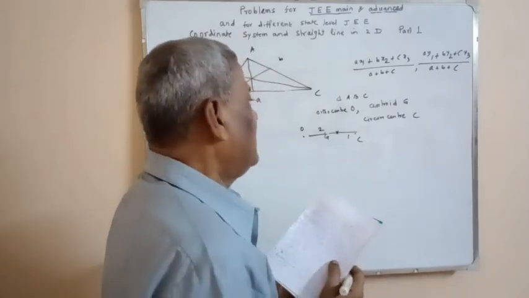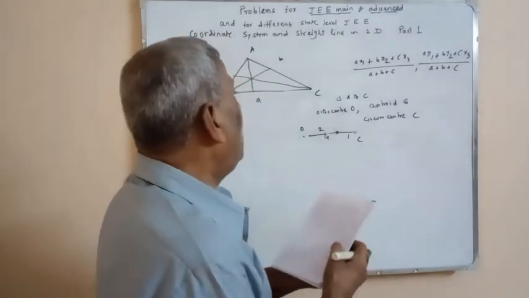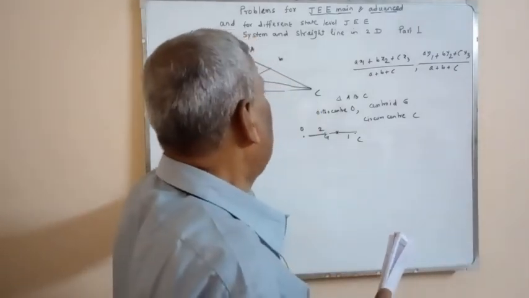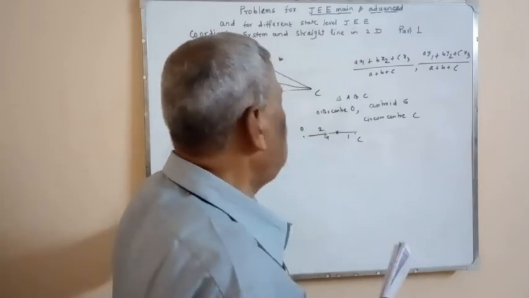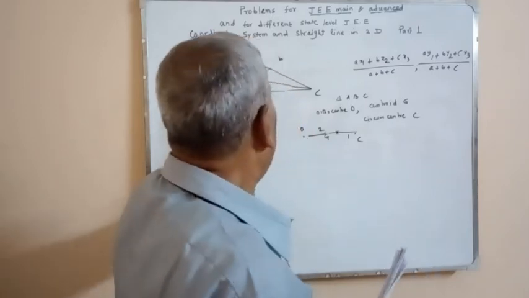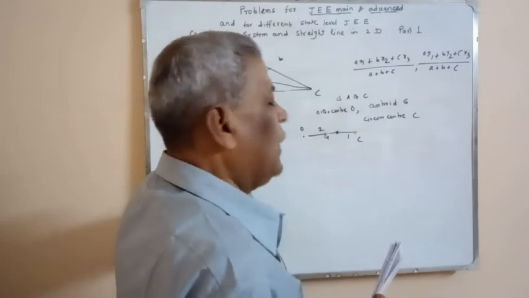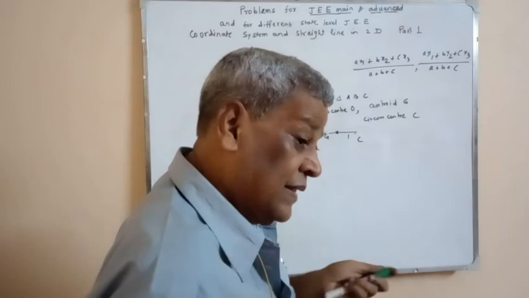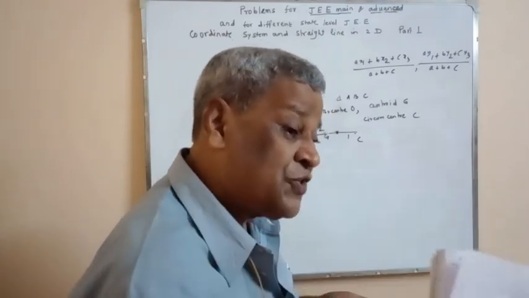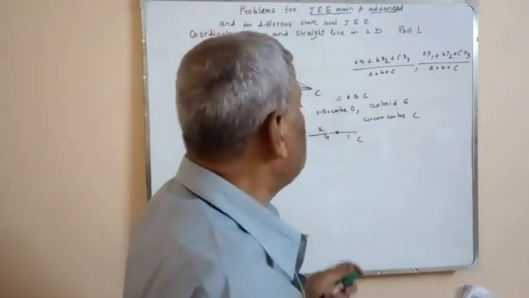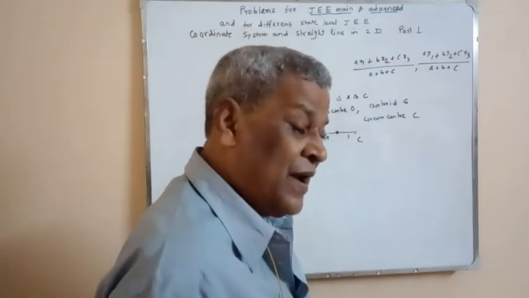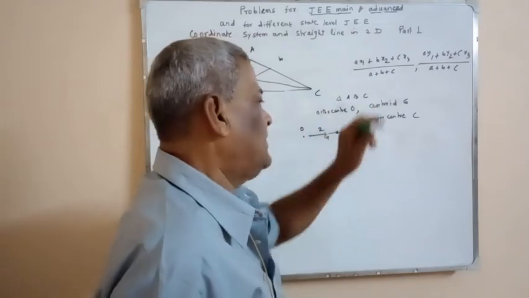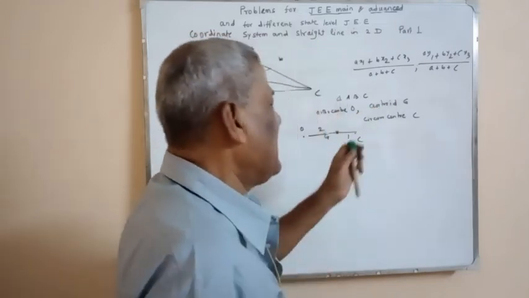Once again, what is the orthocenter? From a vertex, a perpendicular is drawn to the opposite side. In this way, from B draw a perpendicular to the opposite side, from C draw a perpendicular to the opposite side. These three perpendiculars must meet at a point, and this is known as the orthocenter, normally denoted by O. Centroid I have discussed.